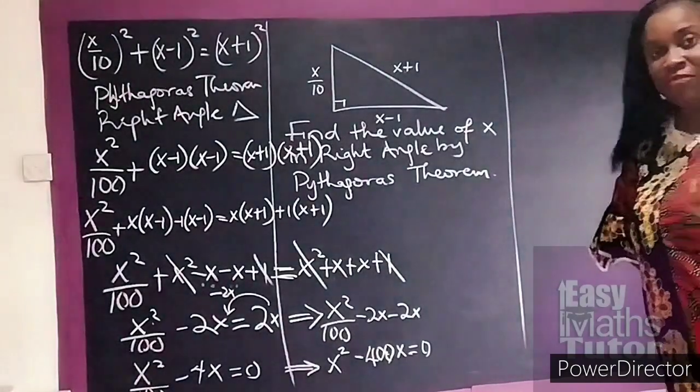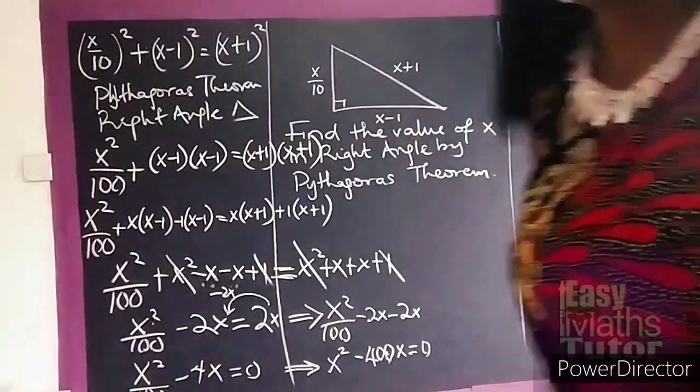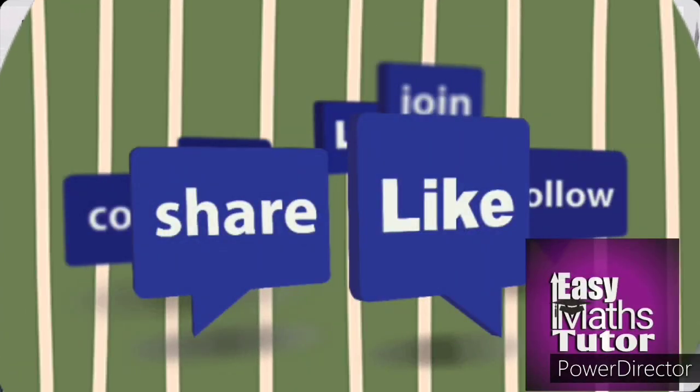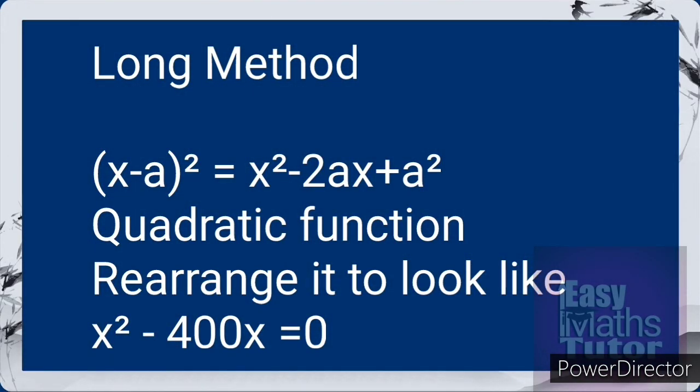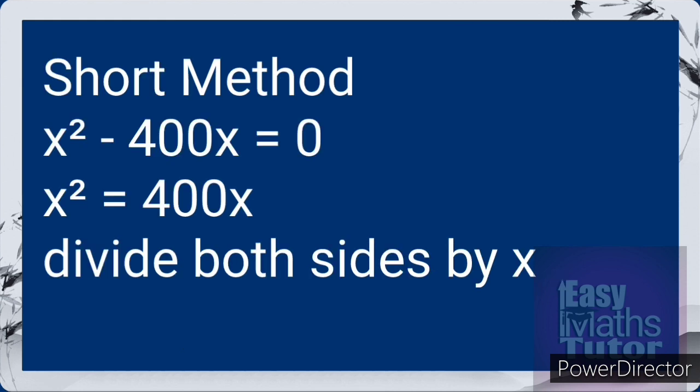So remember there's a very popular function we have in mathematics, the quadratic function, right? Now there are two methods of solving this problem. The long method, we're going to compare a typical quadratic function x minus a squared, and we're going to compare it with x squared minus 400x equal to 0. And then from there we're going to know how to get the value of x.